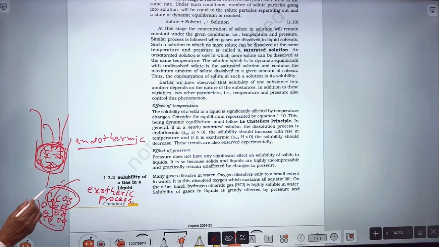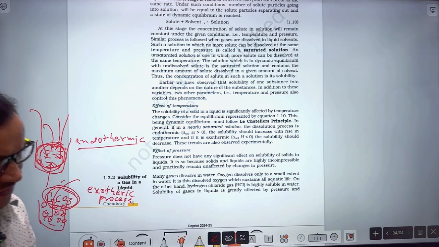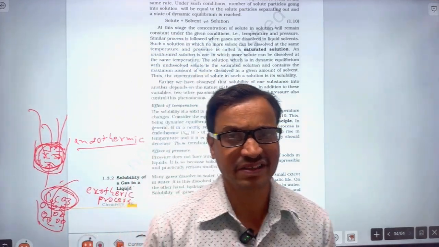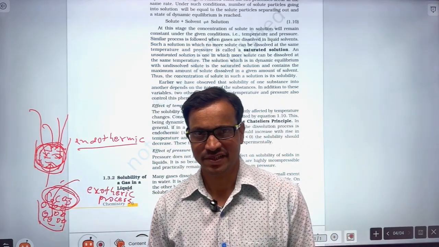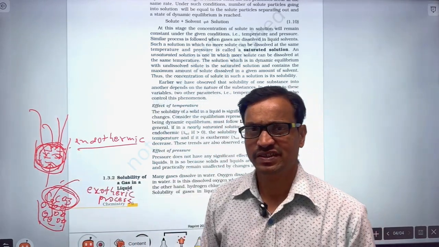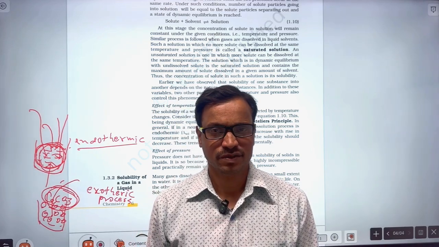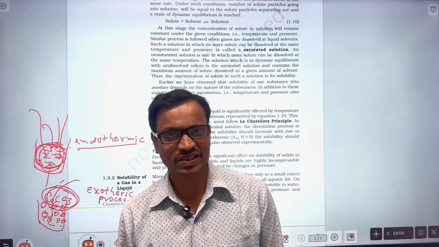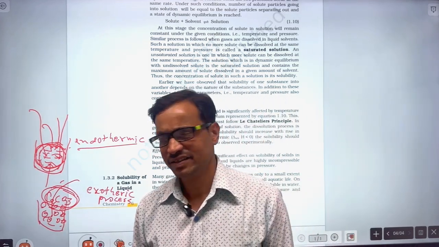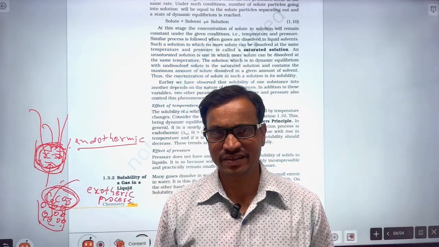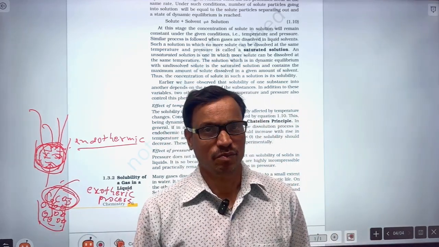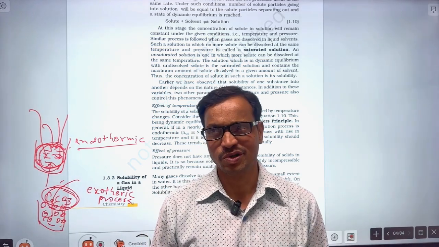So what happened? CaCO3 could dissolve in cold water more easily than in hot water. Here sugar could dissolve in warm water more easily compared to cold water, and calcium carbonate could dissolve in cold water more easily than in hot water.